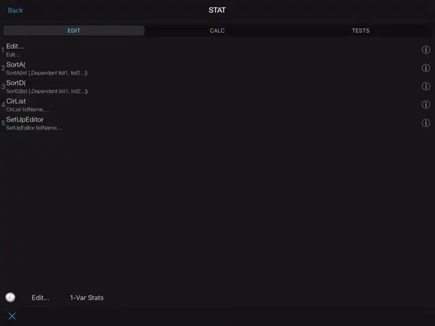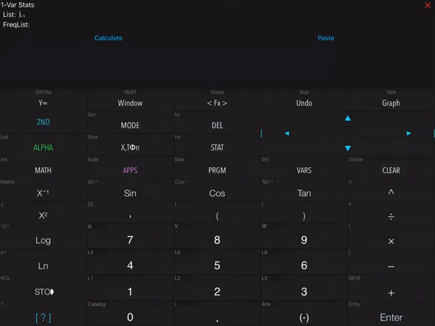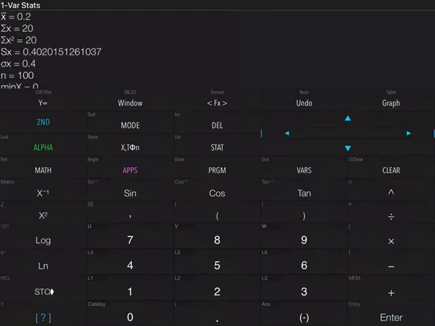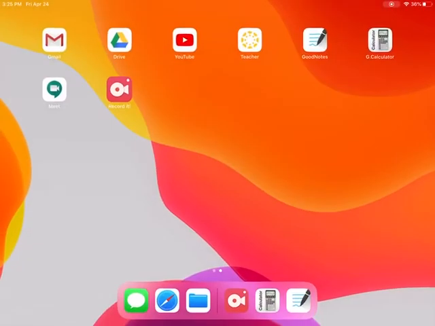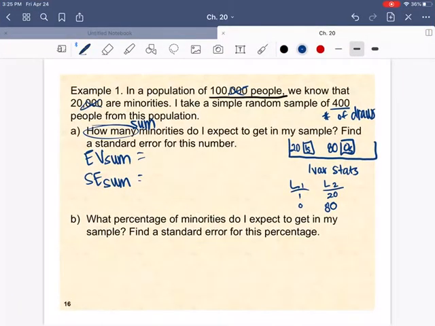And then we need to do stat, calc, 1-var stats, tell it we have a frequency list. And calculate. Okay, so the average is 0.2, the standard deviation is 0.4. Nope, sorry, wrong one.